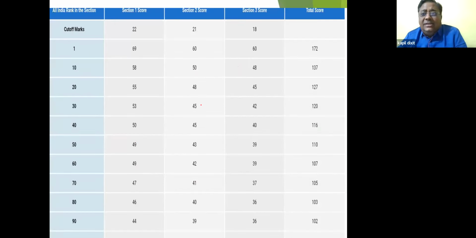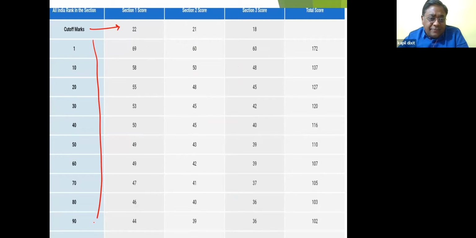Now, this is the third thing that you get: All India rank in the section 1 score, section 2 score. What is the score of All India rank 1? So this is moving like this. You can check the scores moving down from 172 to 102.